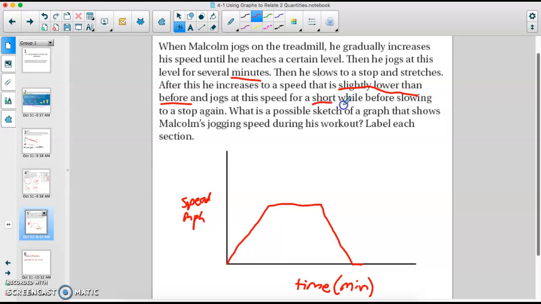And he jogs for a short while before slowing down. Okay, so he increases again, but not quite as fast as he was before, and just for a short while, and then he slows back down to a stop. So that's how we could label, or that's how we could draw our graph based off of this.